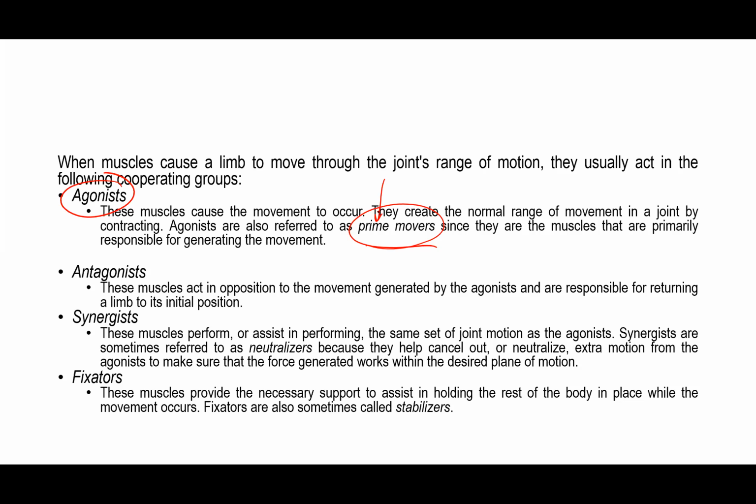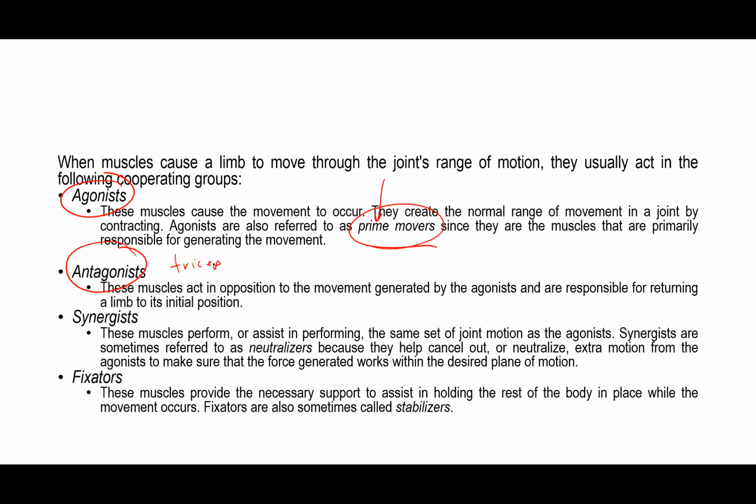Okay, an antagonist is the opposite muscle that's being contracted. So back to our bicep brachii, which is a muscle in your arm. If you're doing a bicep curl, the antagonistic muscle in that case would be the tricep.